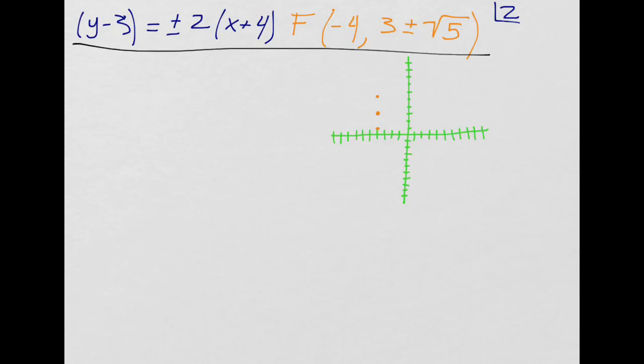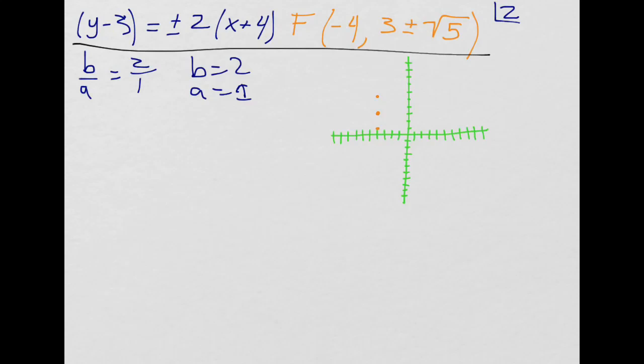Now in this case it is going to be a over b, because slope is rise over run, and this is a vertically opening hyperbola, so our a value is going up and down, meaning that is our rise, meaning it has to be our numerator. So for b over a, we're going to have 2 over 1. So b is 2 and a is 1.